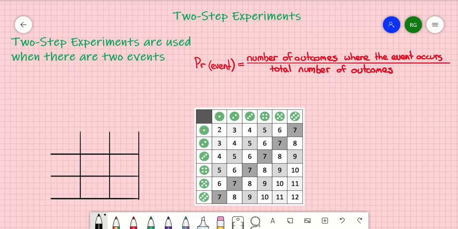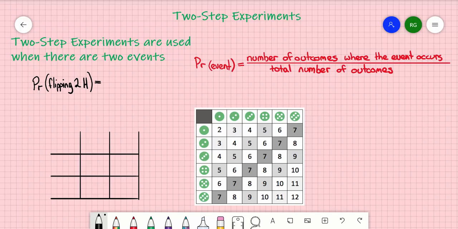The way we're going to do this is we're going to use a two-step table. Now I've written down probability in brackets flipping 2h, so that just means two heads. We're going to use the same formula as before, where the top line, the numerator, is the number of outcomes where the event occurs.